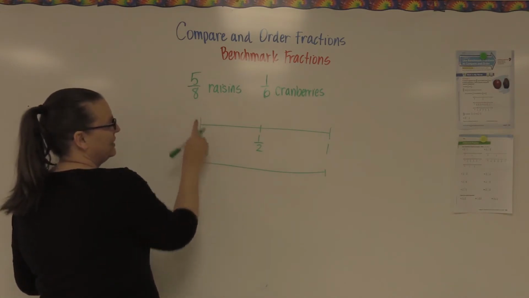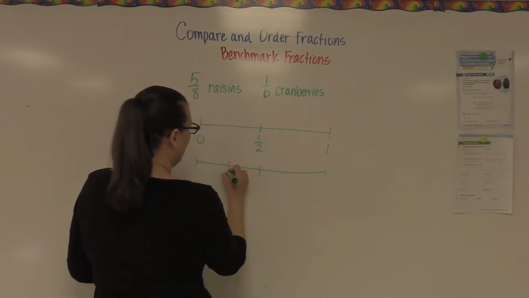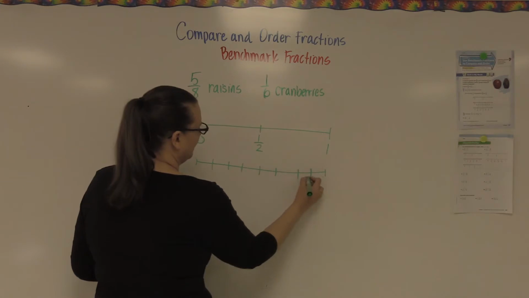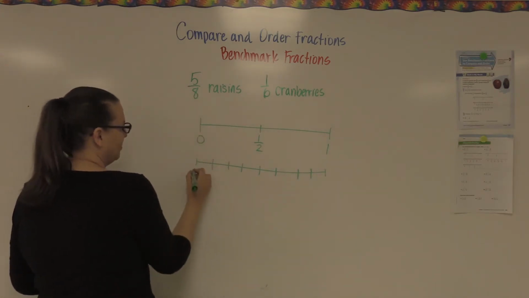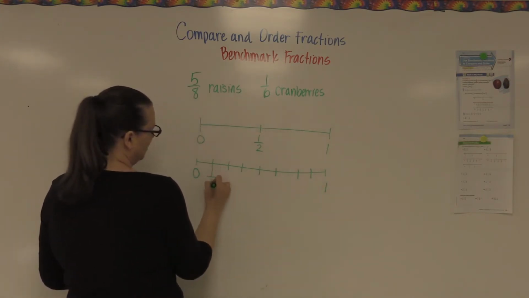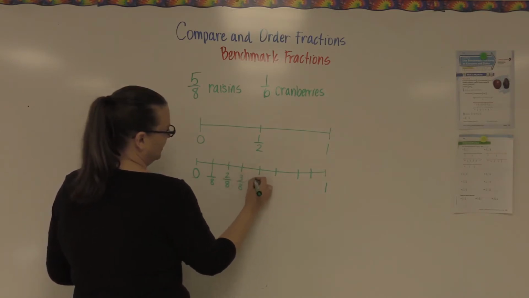That denominator tells us how many slots there should be on this number line. So I'm going to go ahead and put in those slots, okay? And I'm going to label them because this is 8s. We know that this is 0, this is 1/2. This first one would be 1/8. Second one is 2/8, and so on.